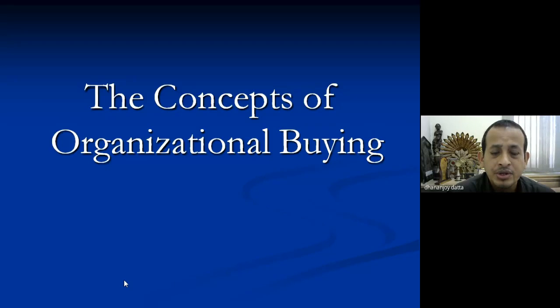Machineries to produce, then paper, pencil, computers for office use, then chairs, tables. These things can be purchased. More specifically, a school will be focusing on purchasing benches, chairs, and tables for teachers. So this is how we can understand the concept and nature of organizational buying.